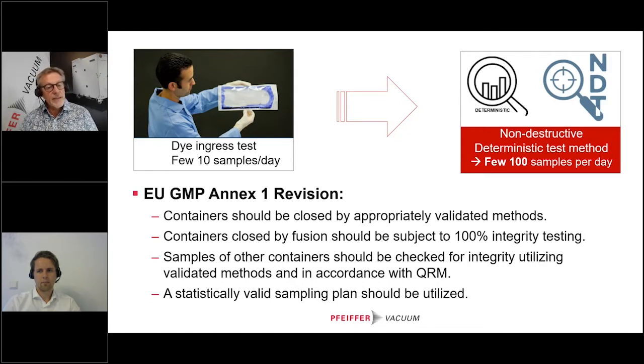Also, a container closed by fusion should be subject to 100% integrity test, if it is possible, if there is a technology able to address 100% inline test. And again, a statistically valid sampling plan should be utilized. Again, that means more data, more tests.